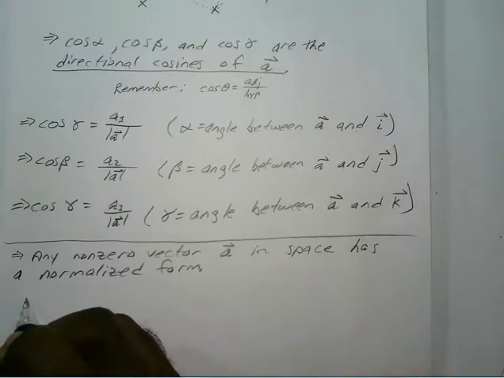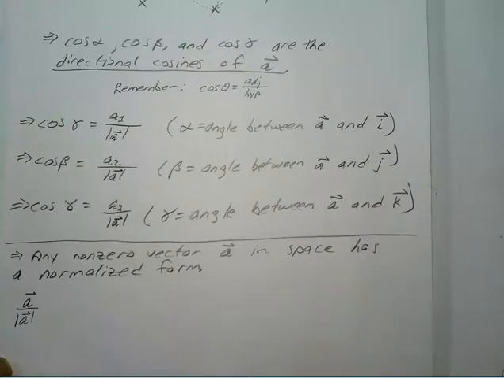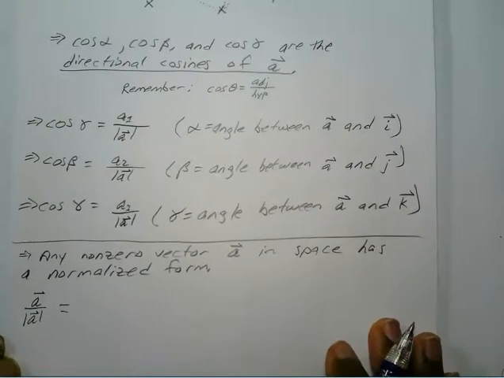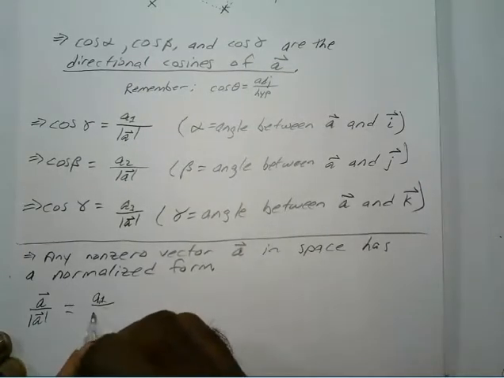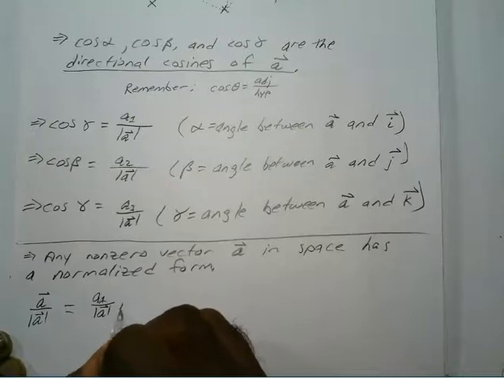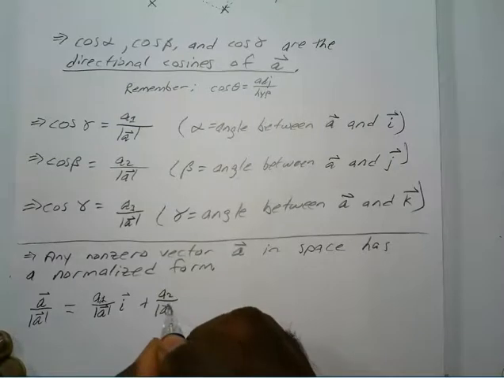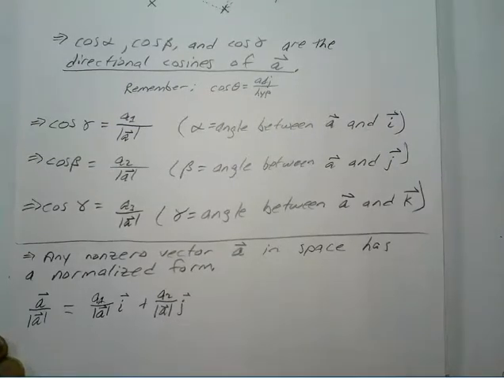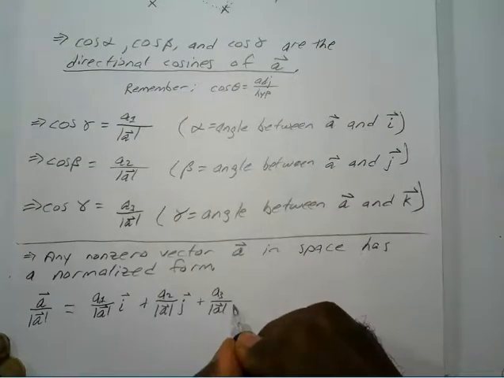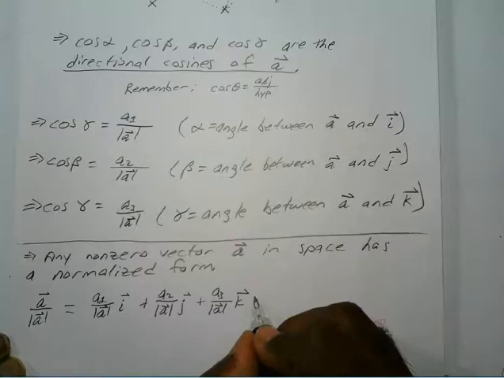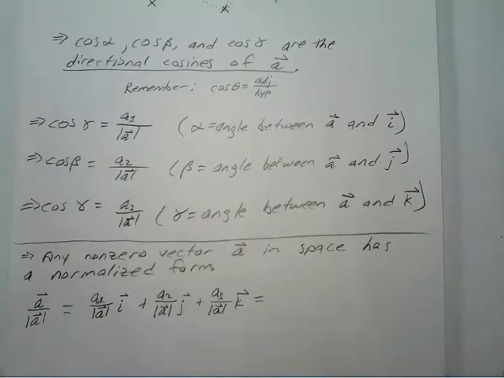Okay, so that means that our A vector divided by the magnitude of A can actually equal our first component divided by the magnitude of A times the I vector, plus our second component divided by the magnitude of A times the J vector, plus the third component divided by the magnitude of A times the K unit vector, which, since that's A1 over A, is cosine of alpha.